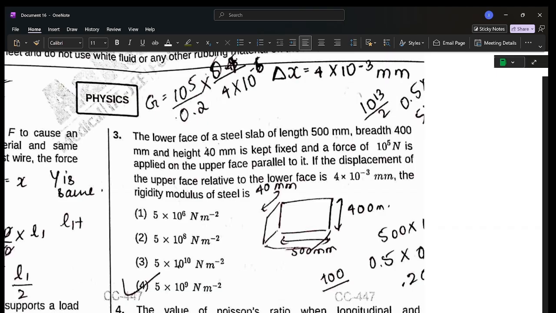Now talking about shear strain. For this rigidity modulus there was a different kind used, and that's where I got stuck. So let me put the formula again. Shear strain is displacement by height.